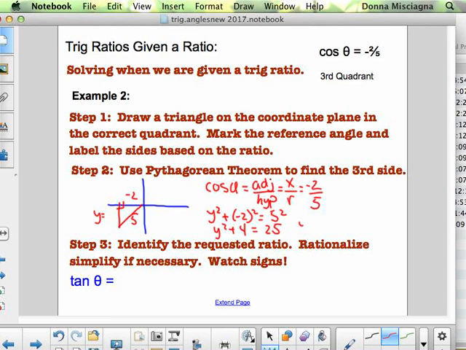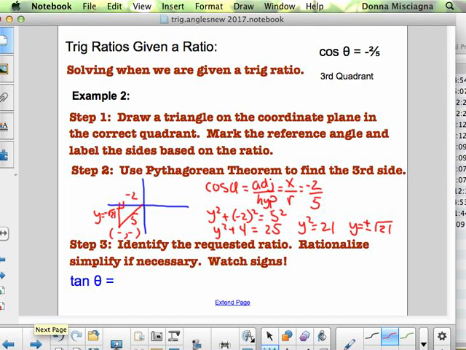This is going to be y squared equals 21, which means y is the square root of 21, but it could be positive or negative. If it's not r, it could be positive or negative. And in the 3rd quadrant, remember, the x and y are negative, so this is negative square root of 21.